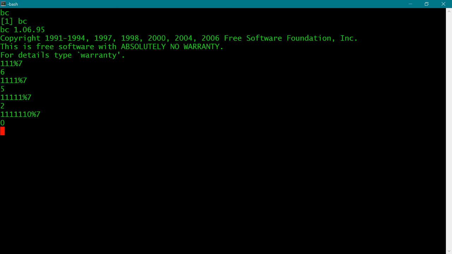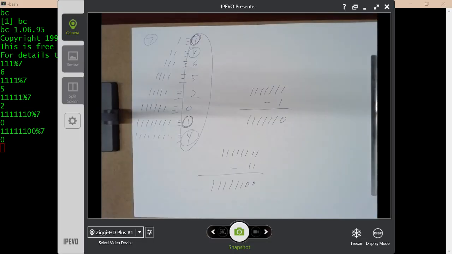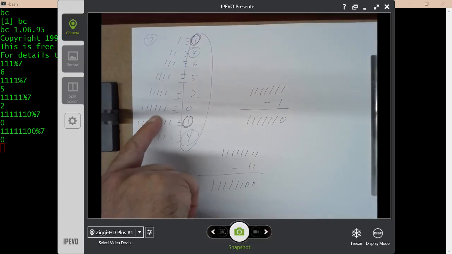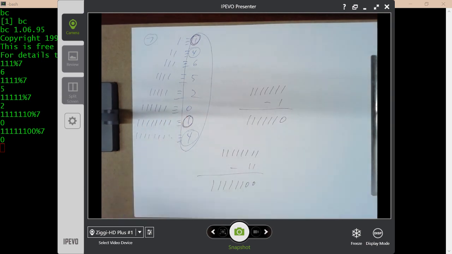Right, so that's a multiple of 7. And so is that. And in this case, when we were computing this, we actually came across a pattern of all 1s that was a multiple of 7, so we could have stopped there.